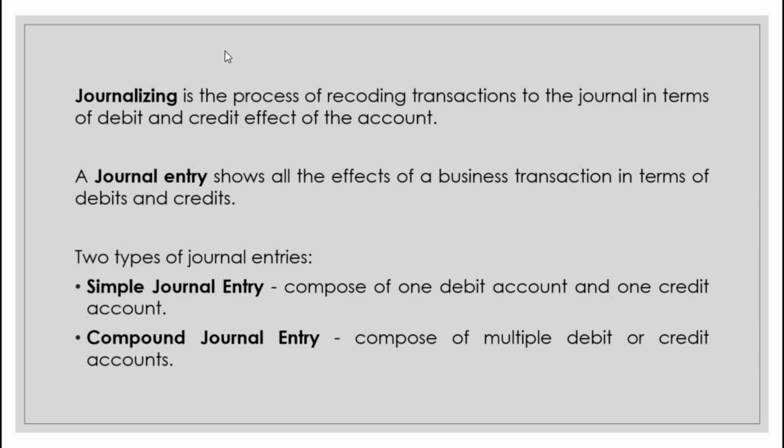Okay. So, since we have talked about the journal, let's talk about naman the recording process. The process of recording is known as journalizing. Journalizing is the process of recording transactions to the journal in terms of the debit and credit effect of the account.